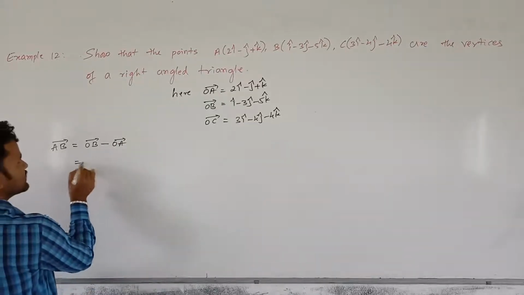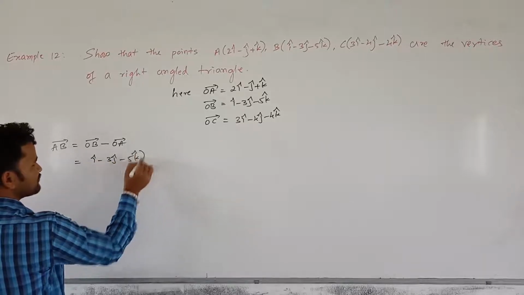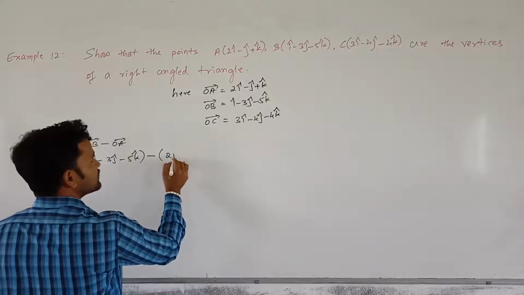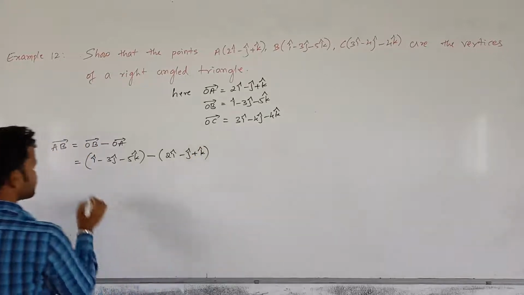What is OB? OB is i minus 3j minus 5k minus of OA. OA is 2i minus j plus k.